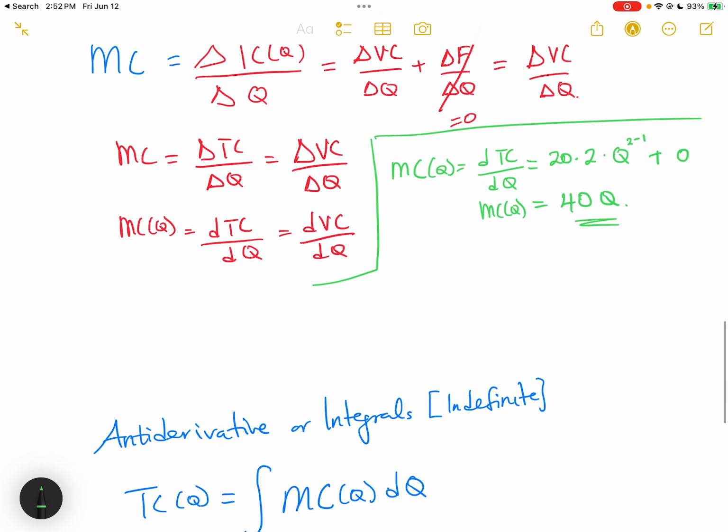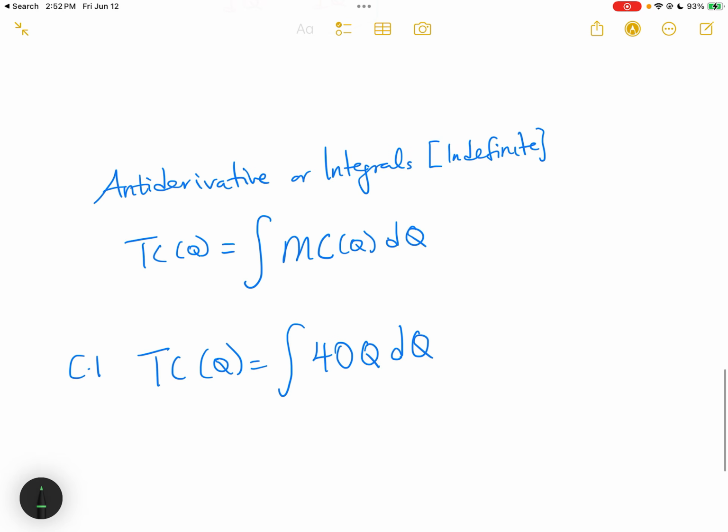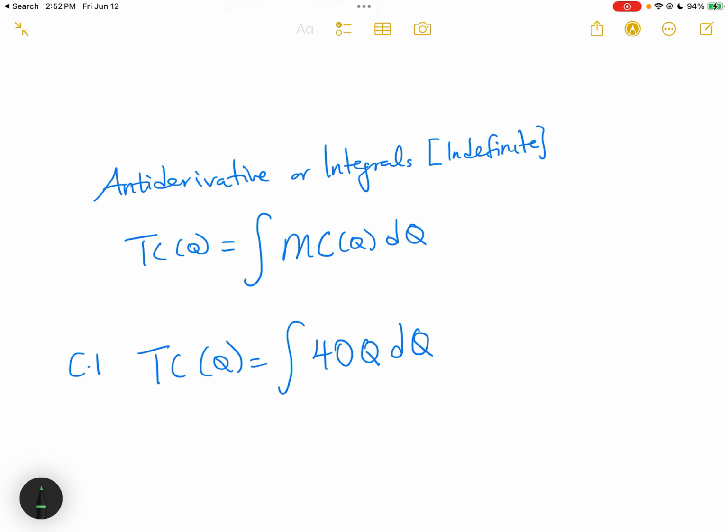Well, if I gave you marginal cost, can we back out the total cost function? Yes, we can. And it's just doing the reverse of everything we did when we were working on the derivative, which is what?